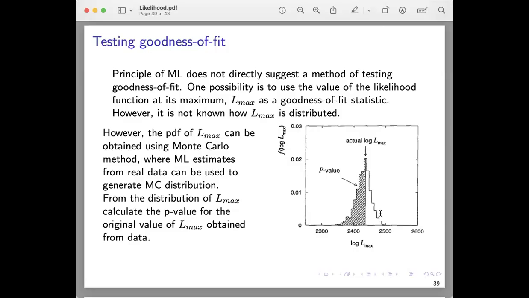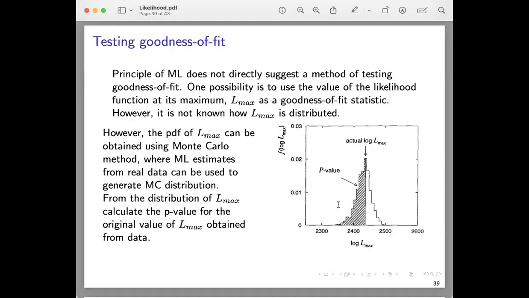Now suppose this is the distribution of log Lmax, and from the real data you got the actual log Lmax in this region, marked by the straight line in between. Then the p-value would be the area under the curve below this Lmax value.